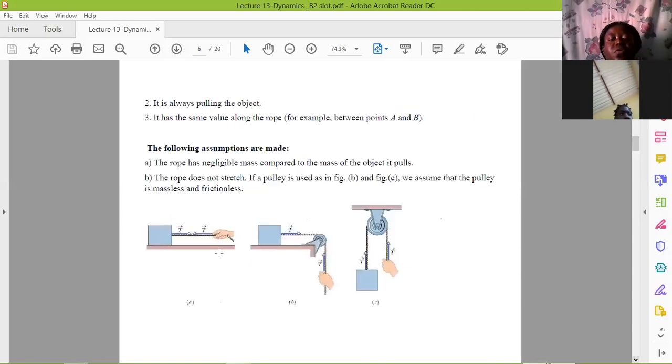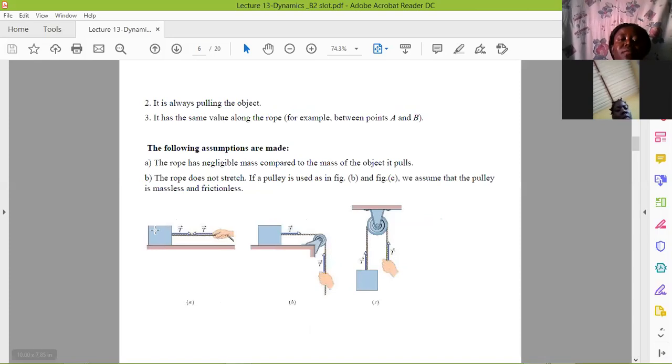Okay, so if you see here, you have an object. If you have an object and you attach a rope, then your tension is always in the same direction, towards your rope. It doesn't change onto this side. If there is no rope attached on this side, your tension is not going on this side.